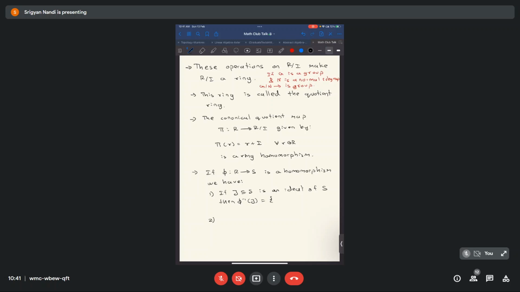So phi inverse of J is given as all the r such that r belongs to R and phi of r belongs to J. So phi inverse of J, if J is an ideal of S, is also an ideal of R. We call this the contraction of J.